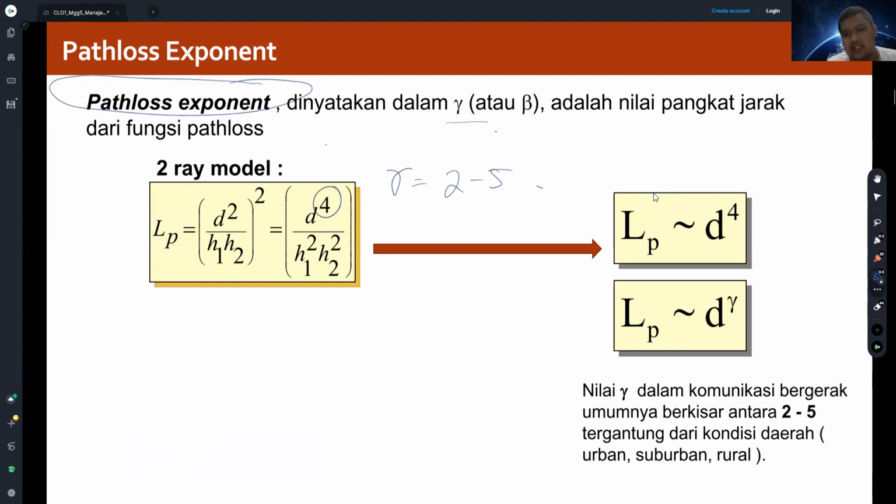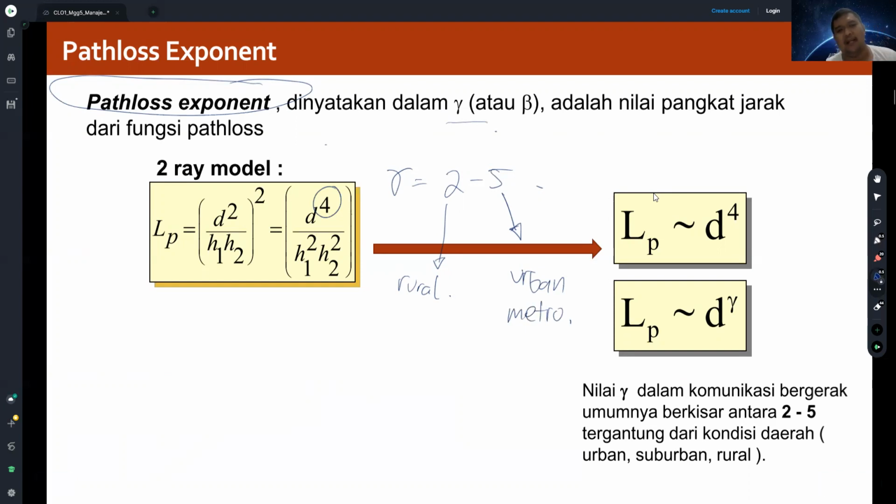The lowest value, 2, is for an environment that has less problem, for example, rural, and the highest value comes from a very dense area, for example, urban area or metro area.